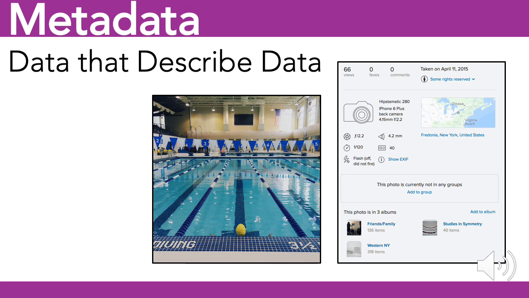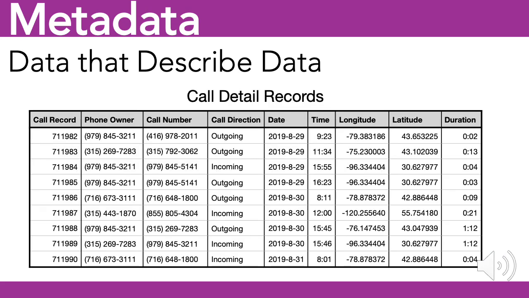So here's another example of metadata called detail records. This is an example of metadata of phone calls. Now, what I've captured in this table are representations of each call numerically. So every time a call is placed, it's assigned a new number. That's the call record.